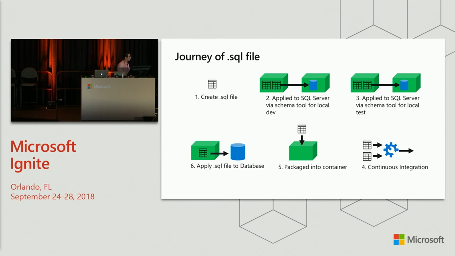Now, from this point on, I could use this Flyway container with the SQL Server change, and I can apply this anywhere. Now, notice how SQL Server in containers is really critical to the journey of this .SQL file and how I used SQL Server containers to really speed up my development time, where I don't have to install SQL Server instances, and SQL Server is started in a very repeatable fashion. I think that is actually the most important part.